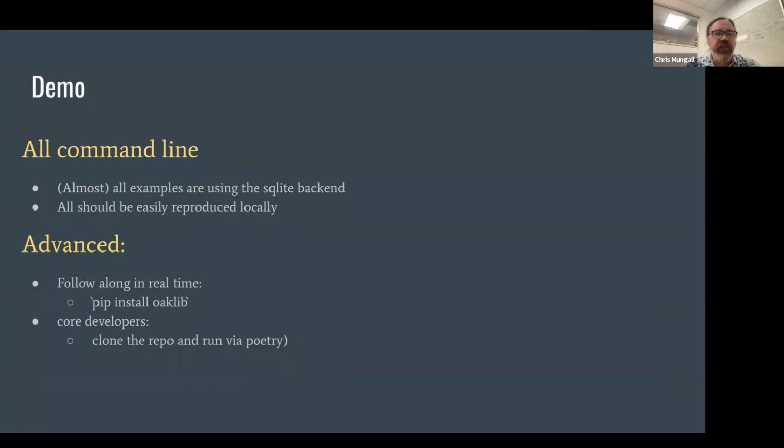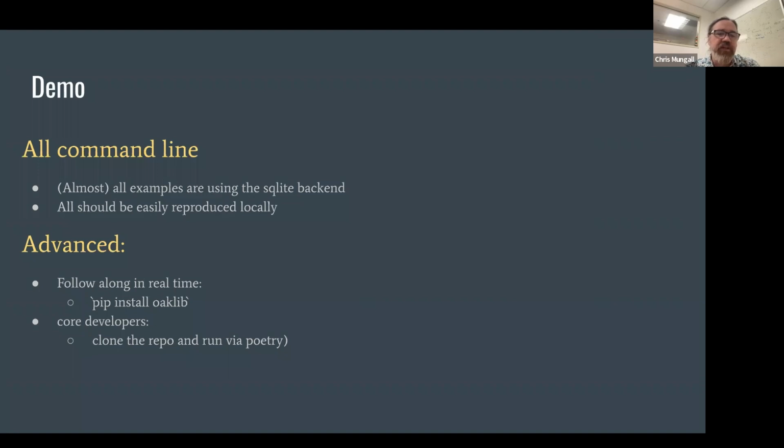All right, so with that, we can dive into a demonstration of some commands. Again, most of these are using the SQLite backend. They should all work in exactly the same way. If you do have Oak installed already, it can be a bit distracting to try and follow these as we're going through them.